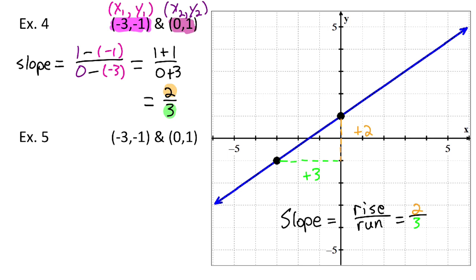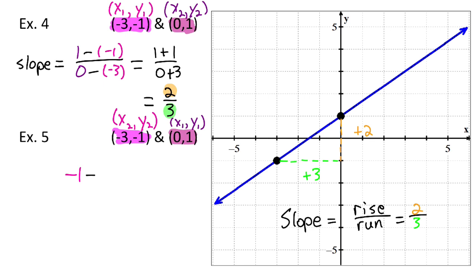Now, in this next example, it's the same problem, but we're going to just switch the x1 and the y1. We're going to switch the points. So now 0, 1 is our first point, and negative 3, negative 1 will be our second point, x2 and y2. So I'm just showing that it doesn't matter which order these come in. So y2 is negative 1, subtract y1 is 1.